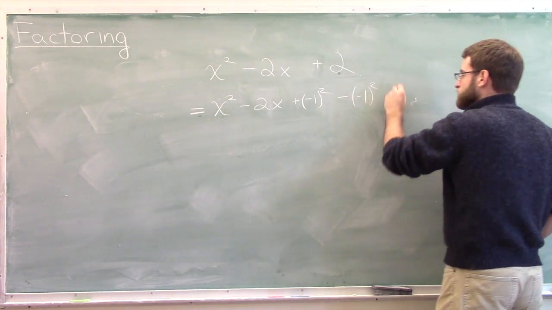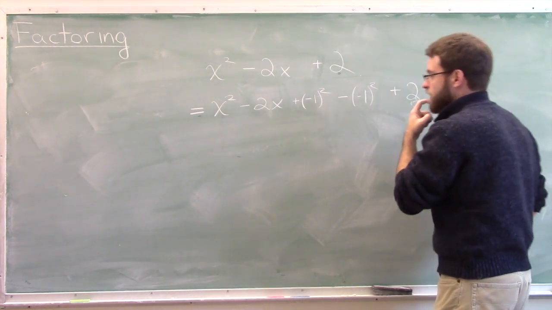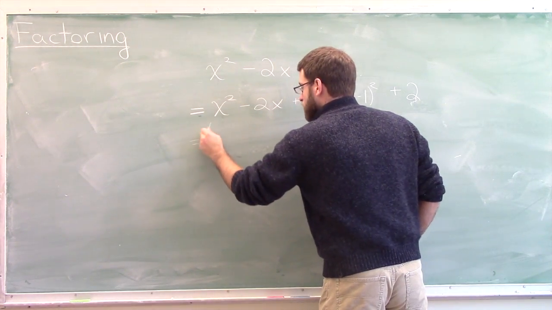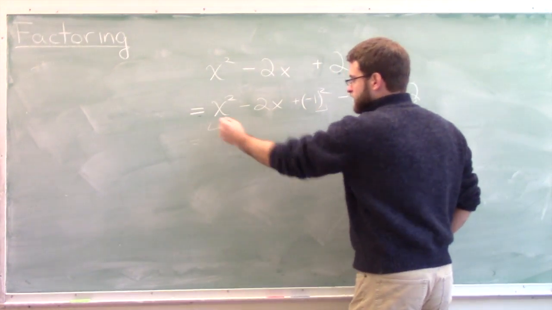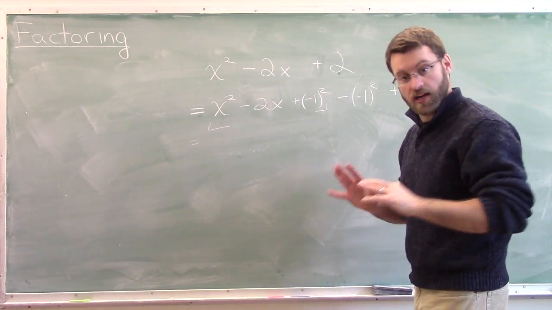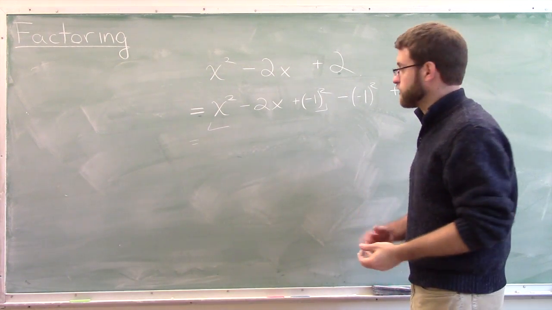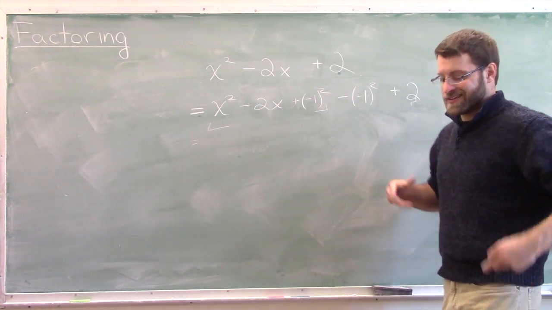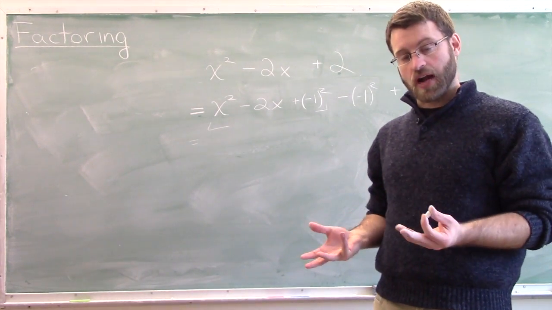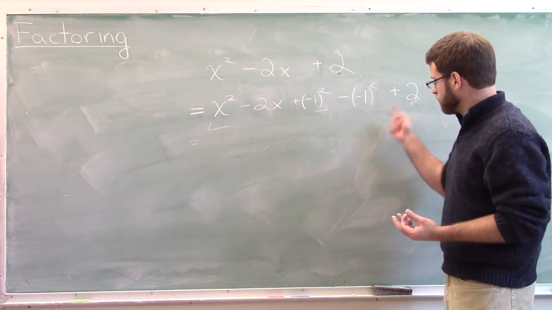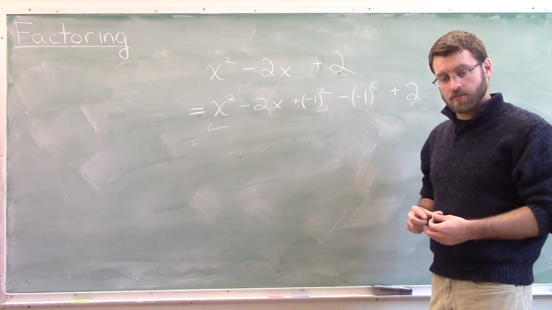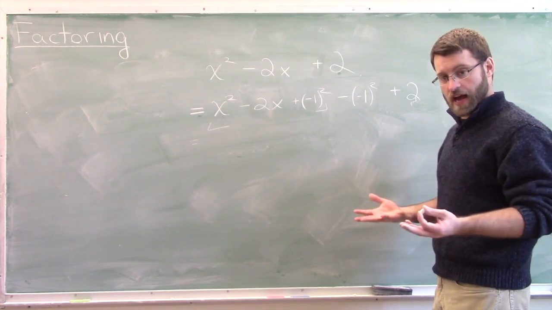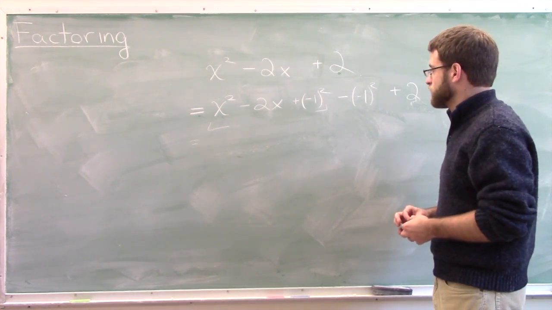Okay? And then this plus 2 term, we just leave that on the end. When we do this, then we can group some of the things together into the perfect square, writing out the factored version or the squared version, and then combining all the rest of the constants on the end. This doesn't help us find roots directly because we've got leftovers, but it can sometimes help you solve equations. It's not as easy as just factoring, but it still has its advantages.